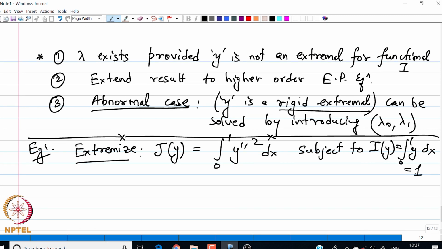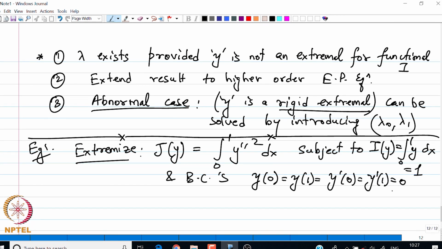This is my isoperimetric constraint with fixed value, and I also have the boundary conditions: y of 0 is equal to y of 1 is equal to y prime 0 is equal to y prime 1 is equal to 0. So, 4 sets of boundary conditions.